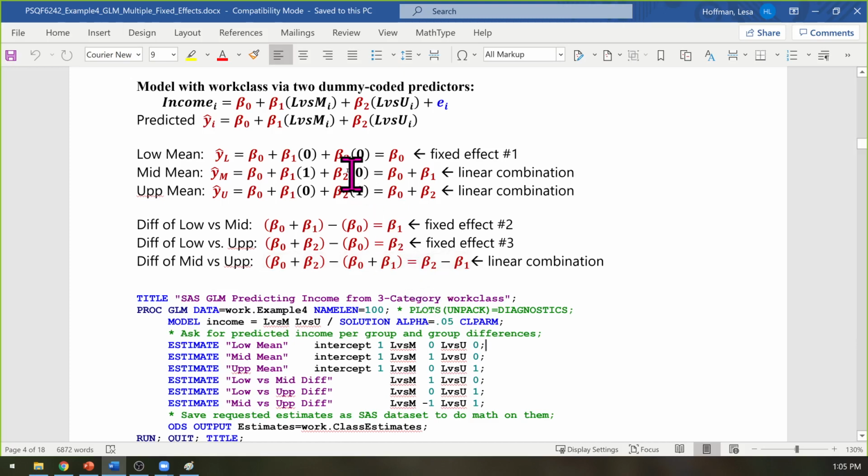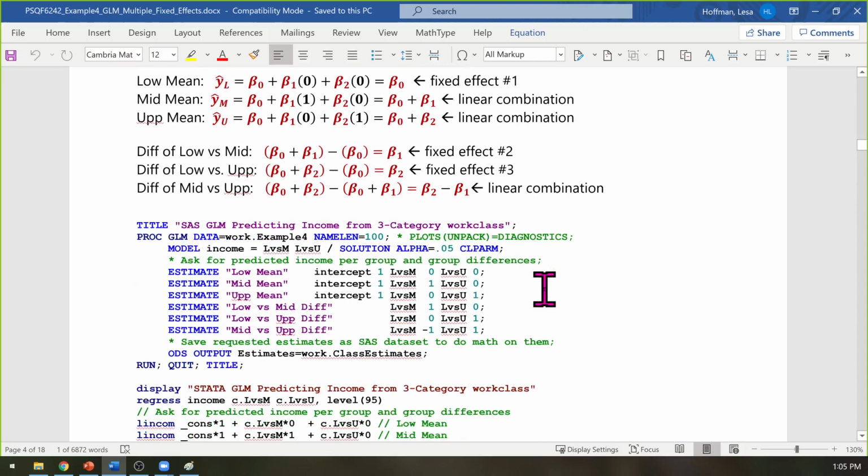We will get there. So in this case, I have 3 groups, which means I need 2 slopes. The model directly gives me the predicted outcome for the group in which both new predictors are coded 0. And it gives me each mean difference of an alternative group relative to that reference. Anything else that's not related to the reference, like the means that the model predicts for the alternative groups, or the mean differences among the alternative groups, those are linear combinations.